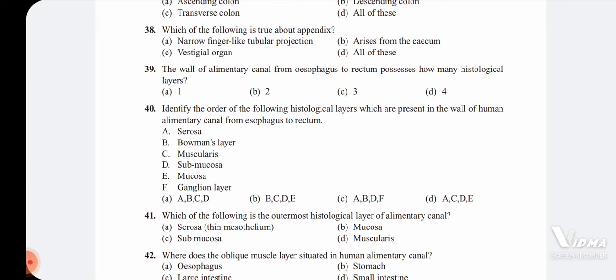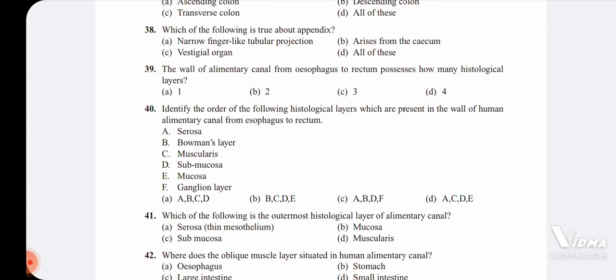How many layers are present? It is 4 layers. What are those? Serosa, muscularis, submucosa and the mucosa. Hence for 39th question, the answer is option D, that is 4 layers.